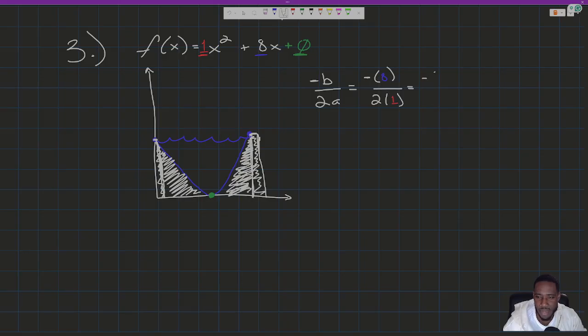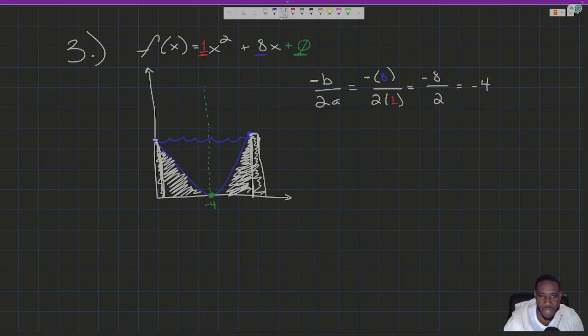Negative 8 is just that, negative 8. 2 times 1 is 2. And that simplifies to negative 4. Okay? Now go all the way. Once we've found the axis of symmetry, which is this point at the x value of our vertex, which we now see is at negative 4, we got to find our y value for the vertex.